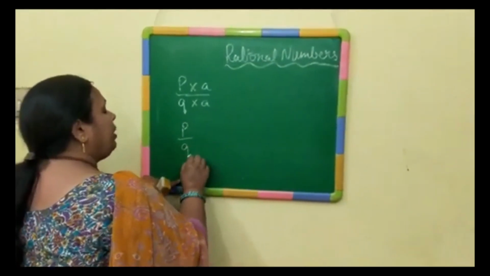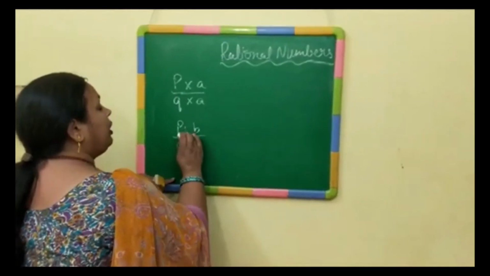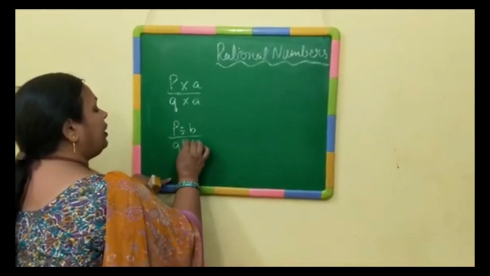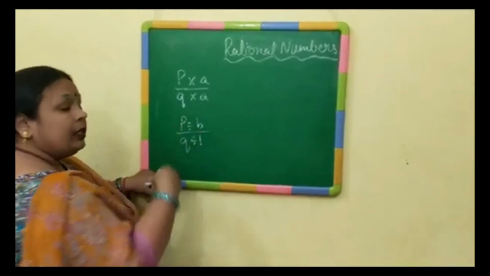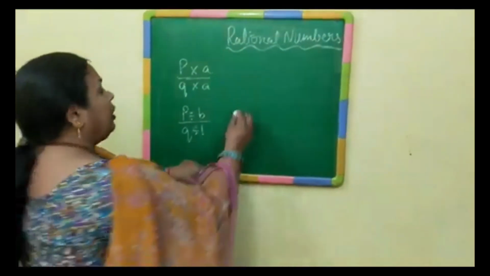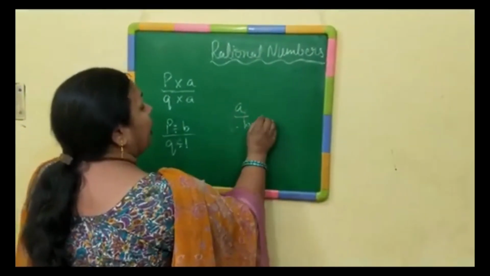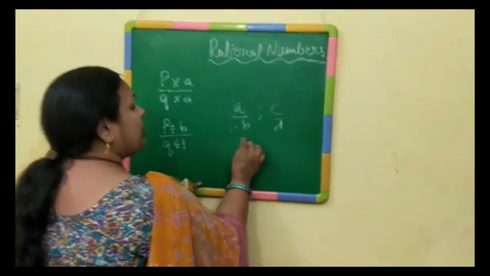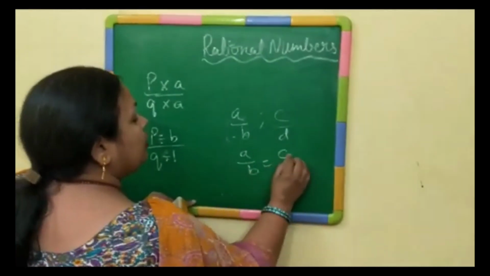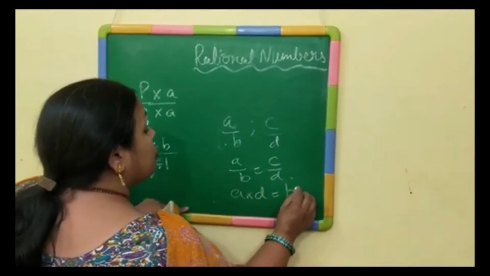Similarly, by dividing p by q by b by b, we can get another rational number. Now, how to equate it? If it is a by b and c by d, we say that a by b is equal to c by d when the product of a and d is equal to b and c.